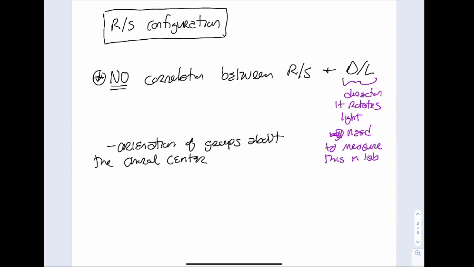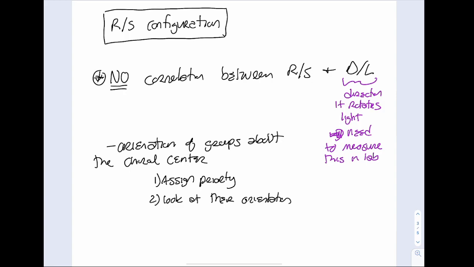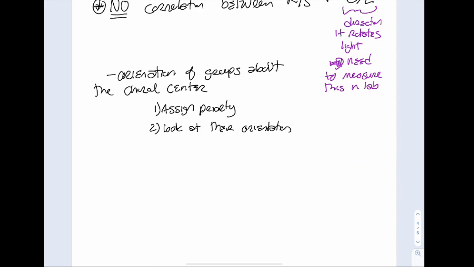That's D and L. So what we're going to do is assign priority, and we're going to have a list of rules for doing that. And then we're going to look at the orientation. So our list of priority rules.